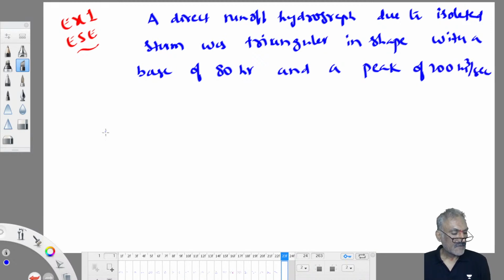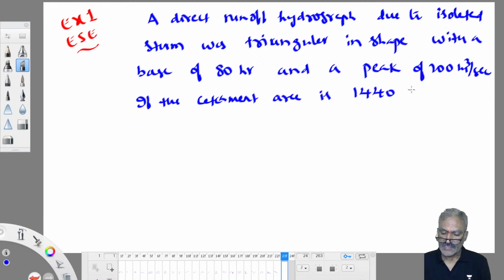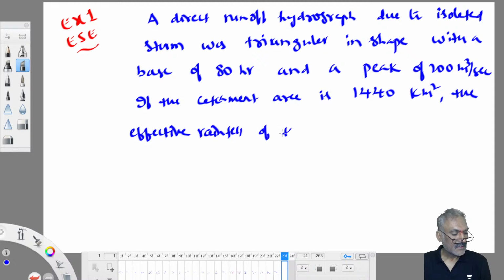Okay? If the catchment area is 1440 kilometers square, the effective rainfall of the storm is: options are given.